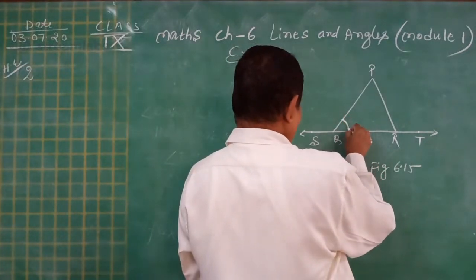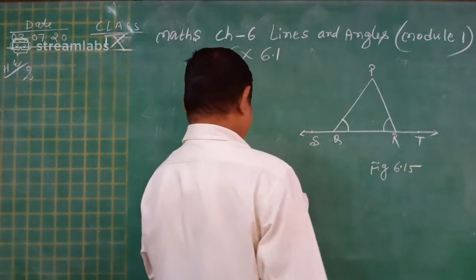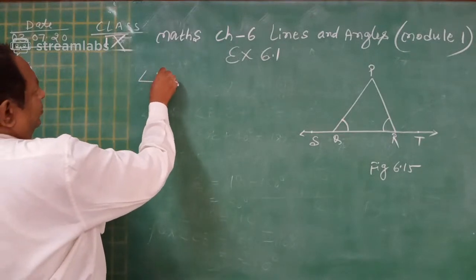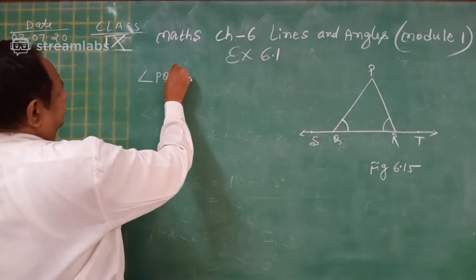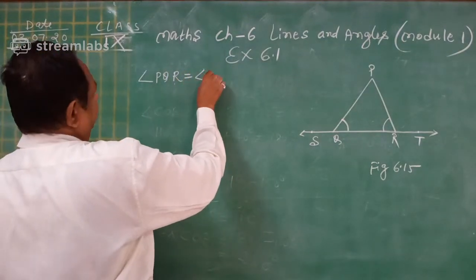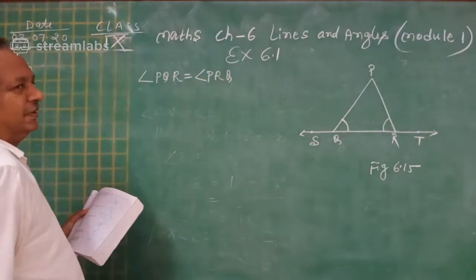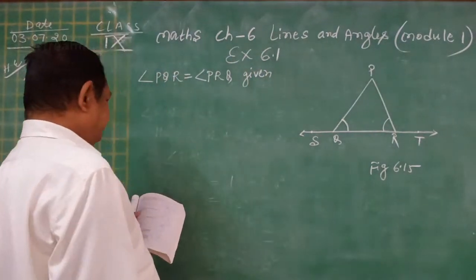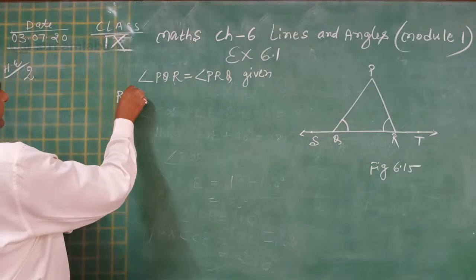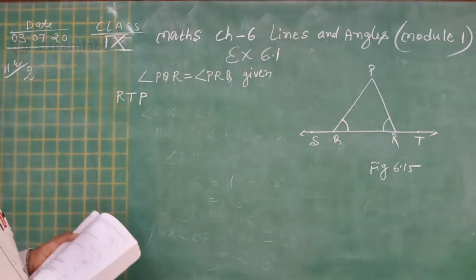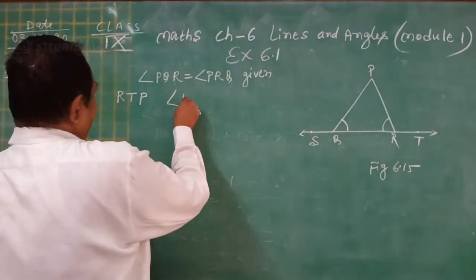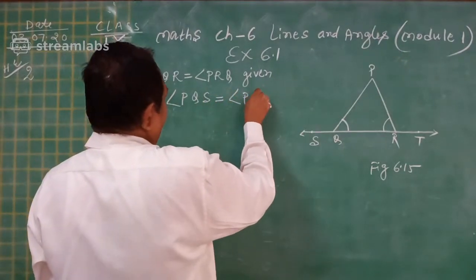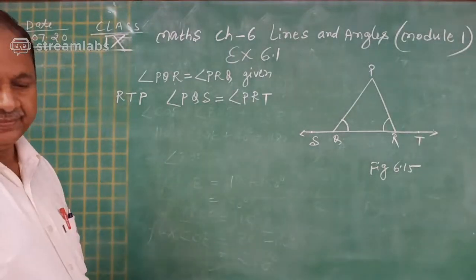This angle is equal to this angle, given. What is required to prove? Required to prove angle PQS is equal to angle PRT. This we have to prove.